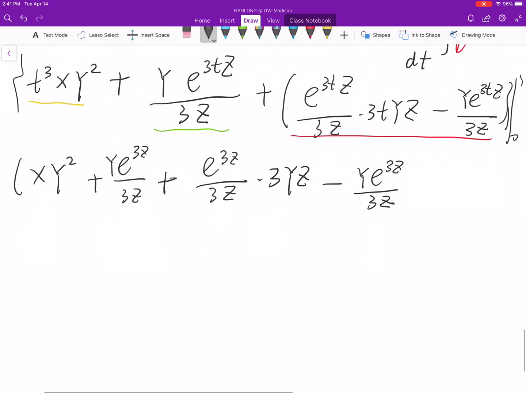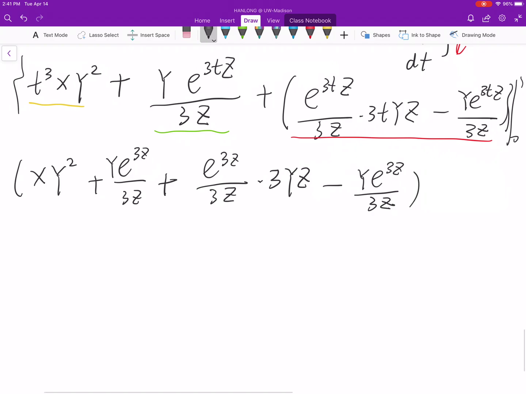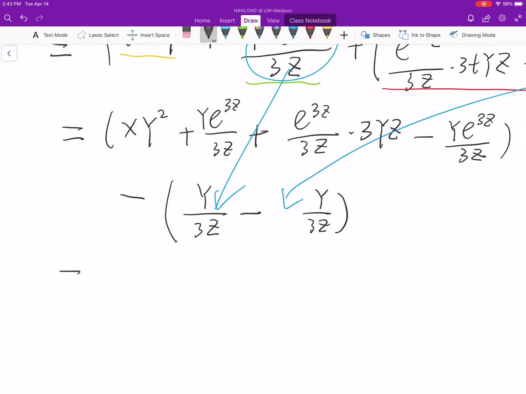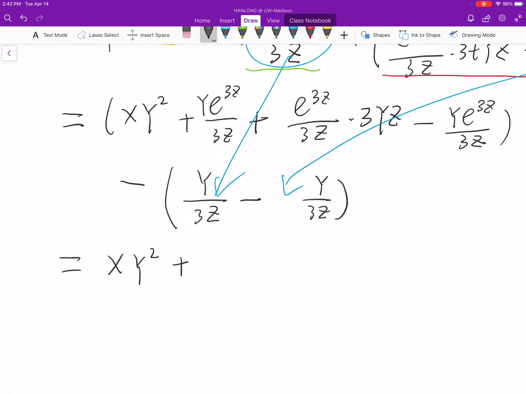And when you plug in 0, you only have Y over 3Z from the first one, and minus Y over 3Z. So finally you have XY squared plus, remember these cancel out, e^(3Z) times Y.